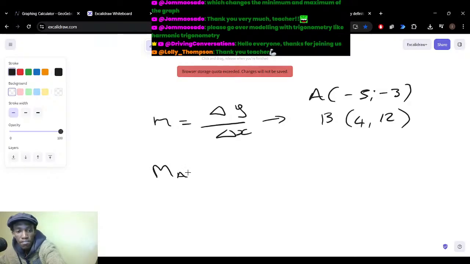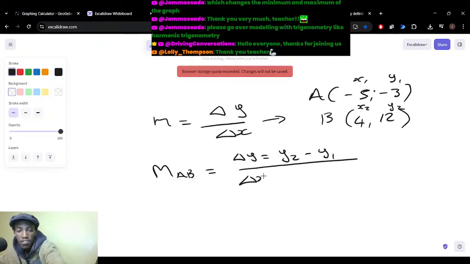Call this x1, y1, x2, y2. So change in y is y2 minus y1 over change in x, which is x2 minus x1.